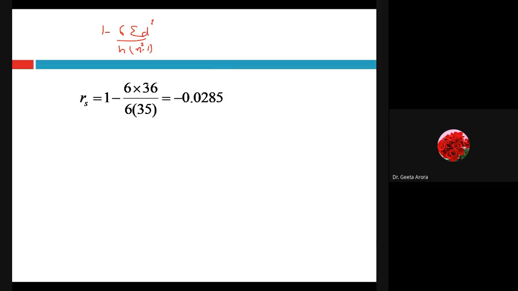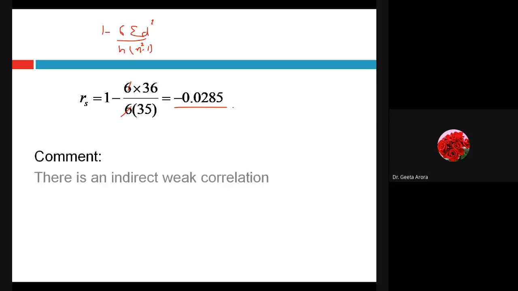So if you put the values, 1 minus 6 summation d square over n into n square minus 1, on cancelling out 6, we are getting minus 0.285. So what we can say? The comment is there is an indirect weak correlation, and we have to specify it as a rank correlation.